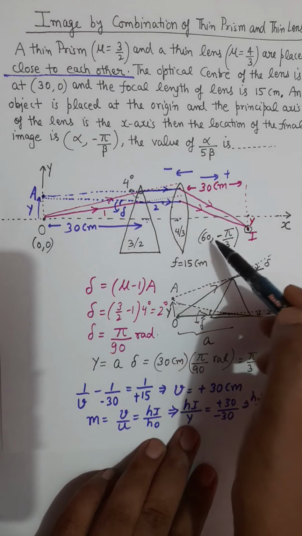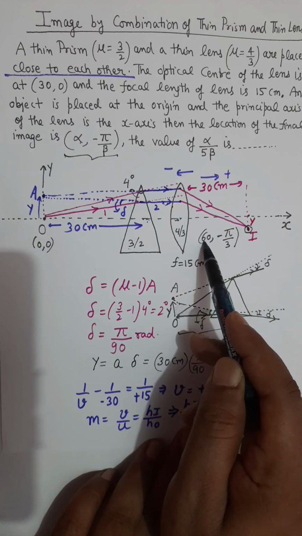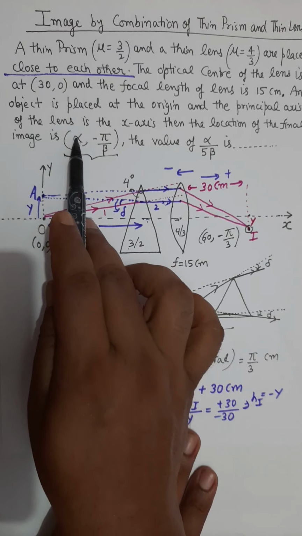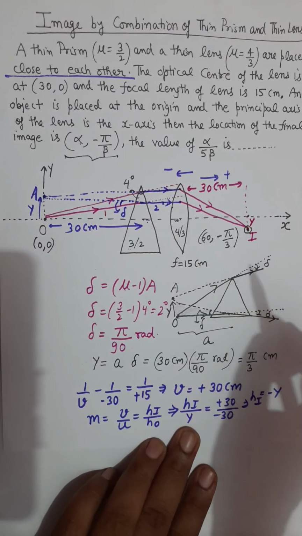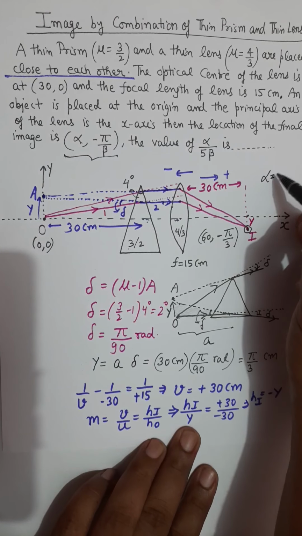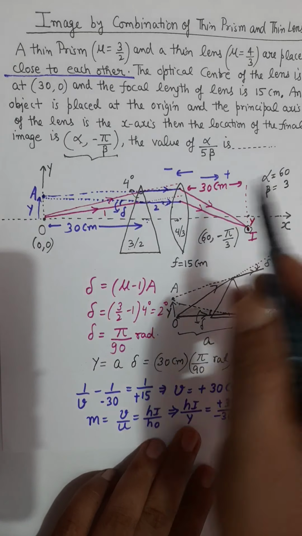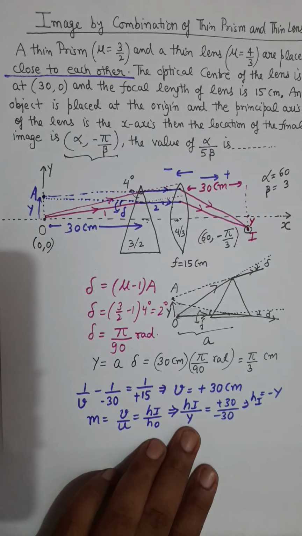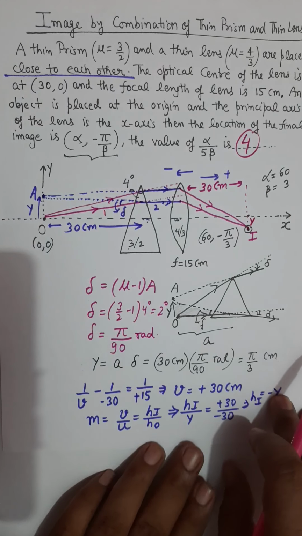Now if I compare with the information given in this question, then alpha is 60 and beta equals 3. So alpha over 5 times beta comes as 4, and that's the answer for this question.